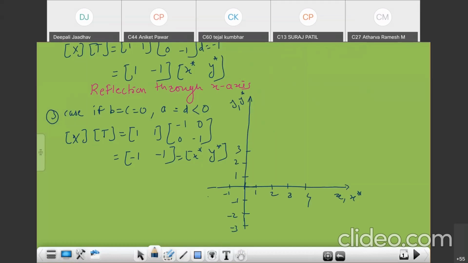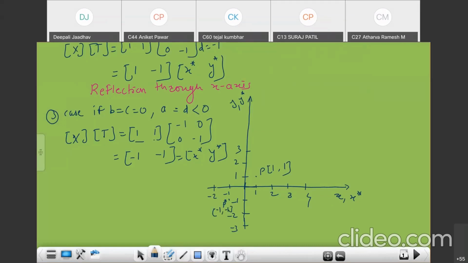What is our original point? It is (1, 1), so I draw it here. That is our original point (1, 1). And what is the new point? -1, -1. That is, it is P (1, 1) and it is P star (-1, -1).